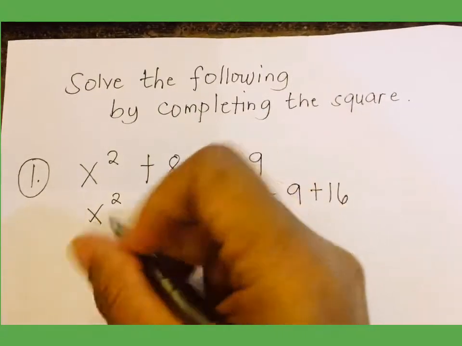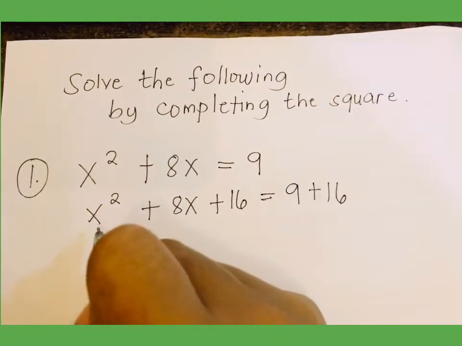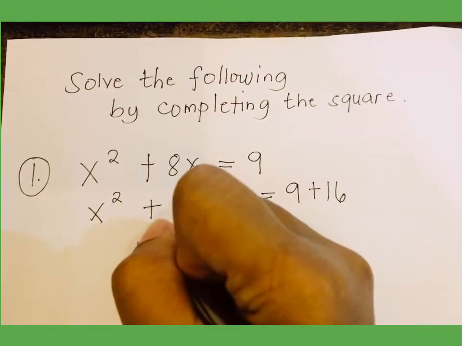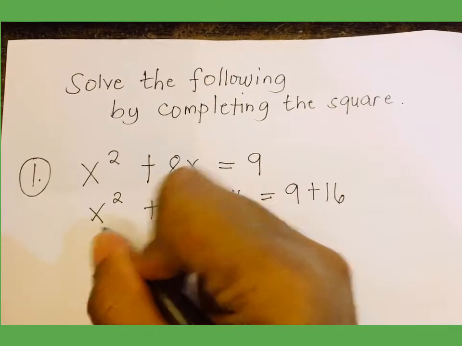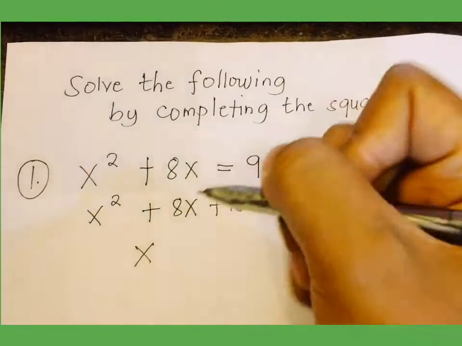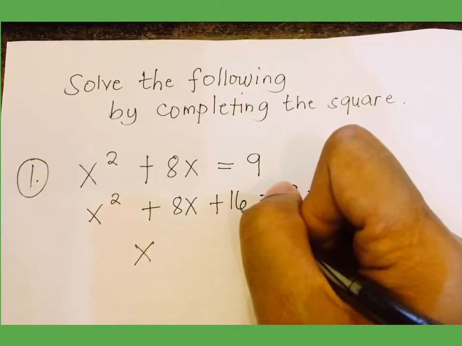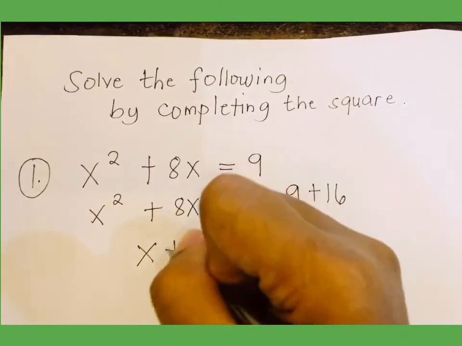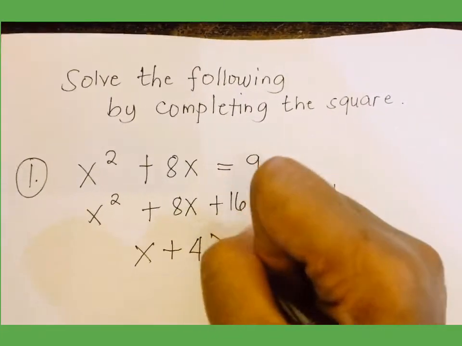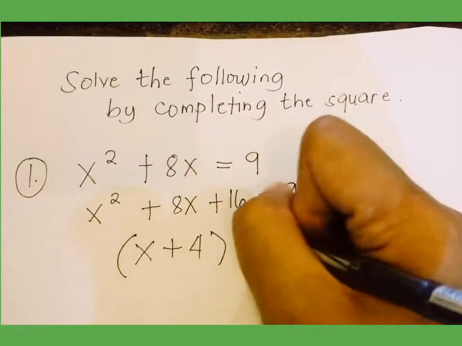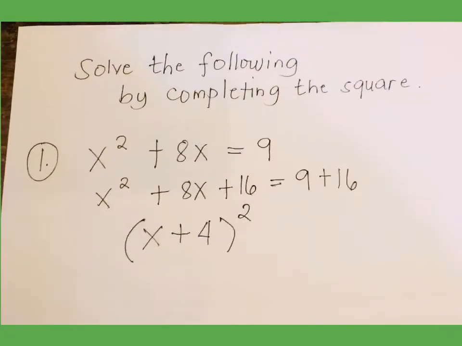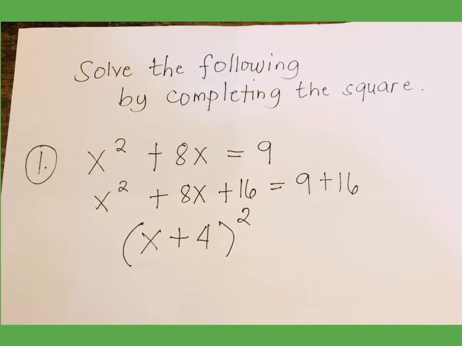What do you think is the factor, or are the factors? We get the square root of the first term, which is x, and the square root of the third term, which is 4. So this is (x plus 4) squared. Again, this is a perfect square trinomial.